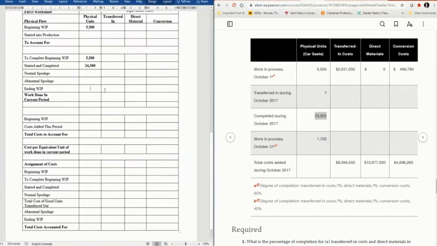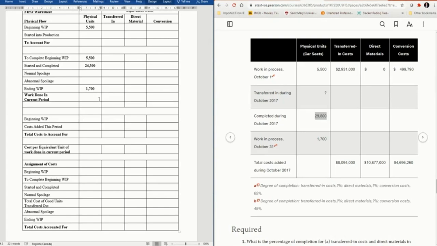And then my ending WIP is 1,700. I know that one. So if I've got 29,800 altogether that I shipped out, and I've got another 1,700 that are still here, and in this example, there's no spoilage or waste, so that's cool.